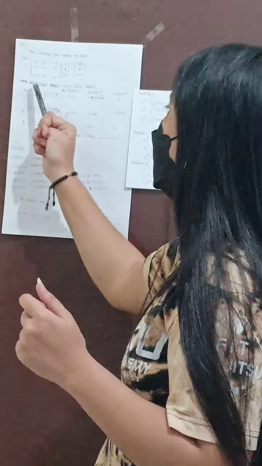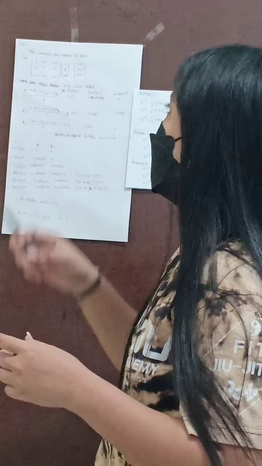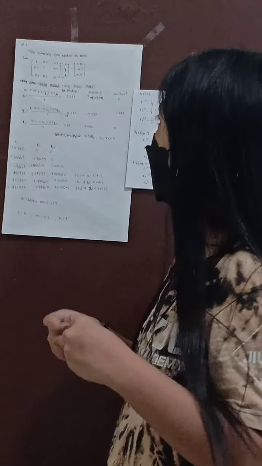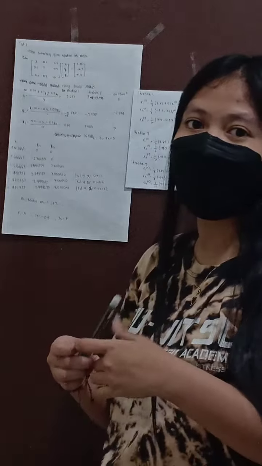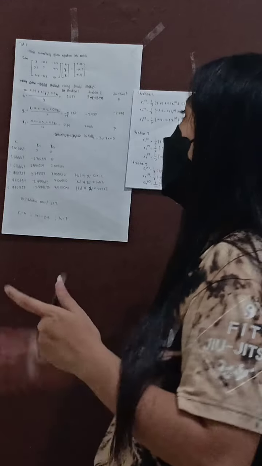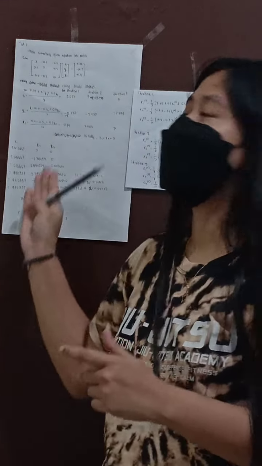Then 0.3, negative 0.2, and 10, that would be the x3. That equals x1 is 7.85, x2 is negative 19.3, and x3 is 71.4. So this would be our formula.